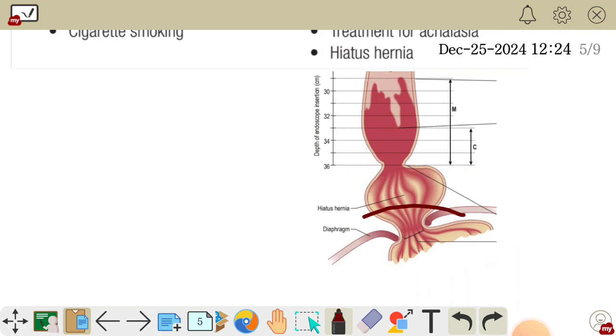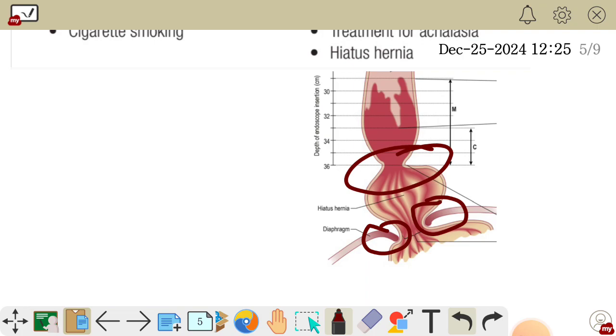Okay, so it passes the crura of the diaphragm, and now the lower esophageal sphincter rises up into the chest. The sphincter is held closed by the help of the smooth muscles of the sphincter, as well as the crura of the diaphragm. So the crura of the diaphragm here also helps compress the sphincter to keep it closed.